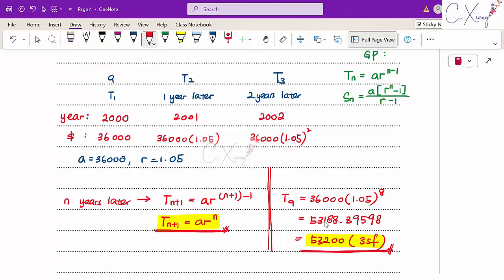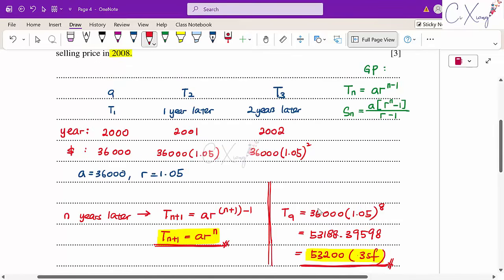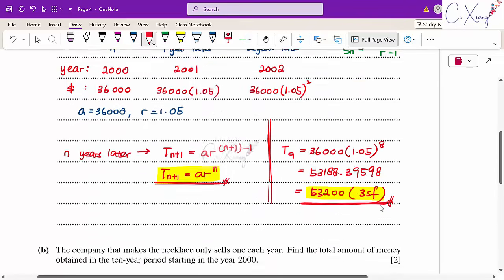All right, then for the year 2008, basically it means 8 years later. So the symbol should be T9, not T8. All right, so I want you to take note on this part. I think this is the part that some of the students might feel confused about, the sentence that they are using here. Right, okay, this is what you have for part A. Then let's continue to part B.